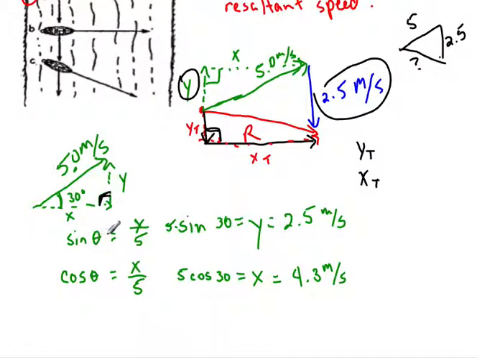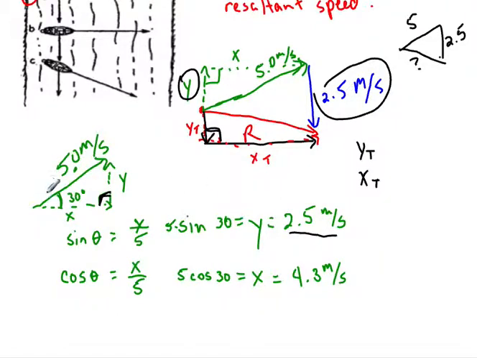So I can use my trig identities. Sine theta equals my opposite side, which is y, over 5. The cosine theta equals my adjacent side over 5, the hypotenuse. I have equations now for solving for y and x. I solve for y and x in both of these equations, and for y, I got 2.5 meters per second.